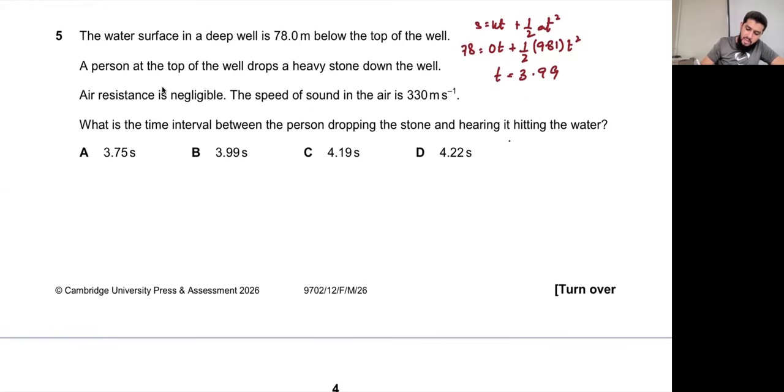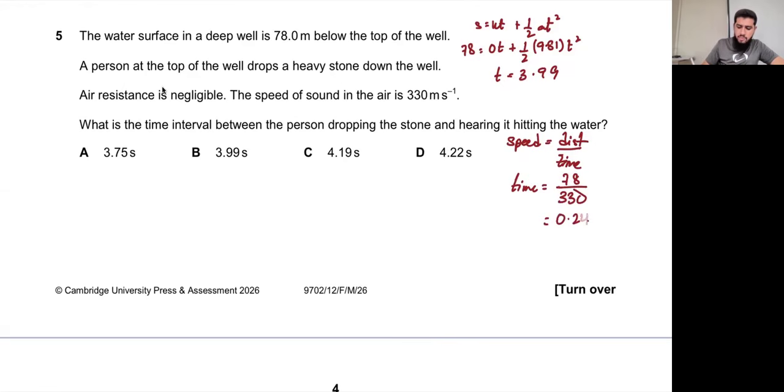So sound traveling up, speed is equal to distance upon time. Hence time is equal to distance, which is 78, divided by speed, which is 330. So 78 divided by 330 is 0.24.